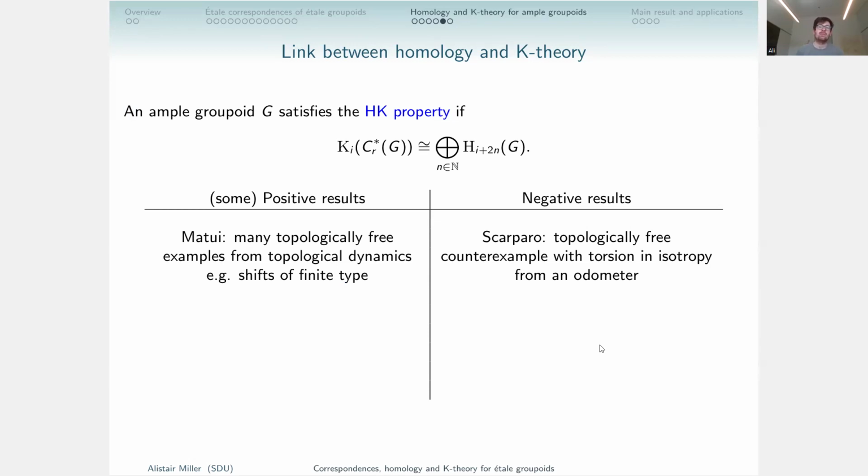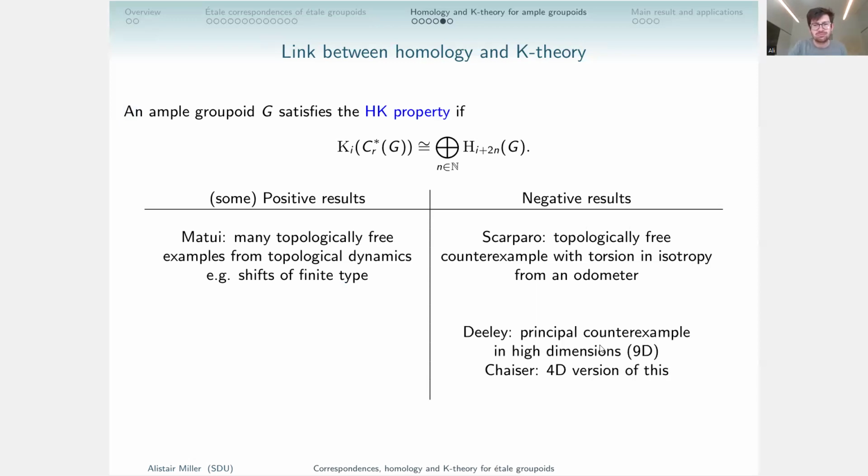I think there's a very nice map from H0 to K0, and people have constructed a map from H1 to K1. But beyond that, we don't have much that is satisfying. I'll explain a little bit more about what's really going on very soon. But no, I don't think anyone's done a Chern character yet. A Chern character would be plausible with torsion-free isotropy, I think.